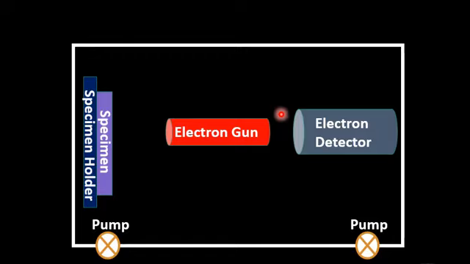The Auger electrons are directed onto the electron detector, which then detects and counts the number of Auger electrons emitted, and on the basis of intensity of the Auger electrons detected, the elemental and compositional analysis is done.